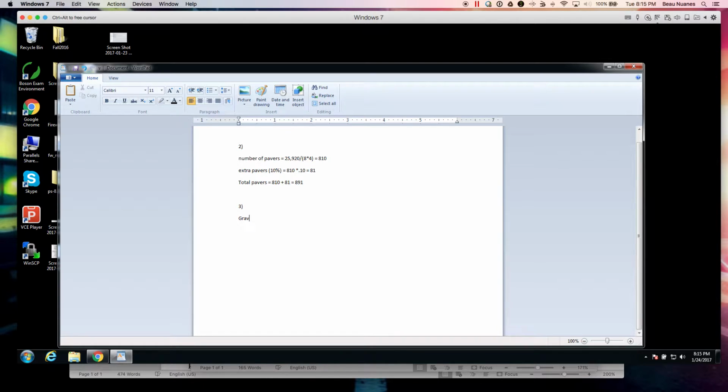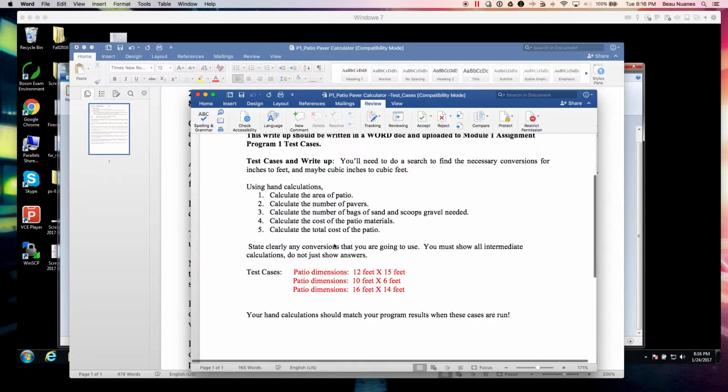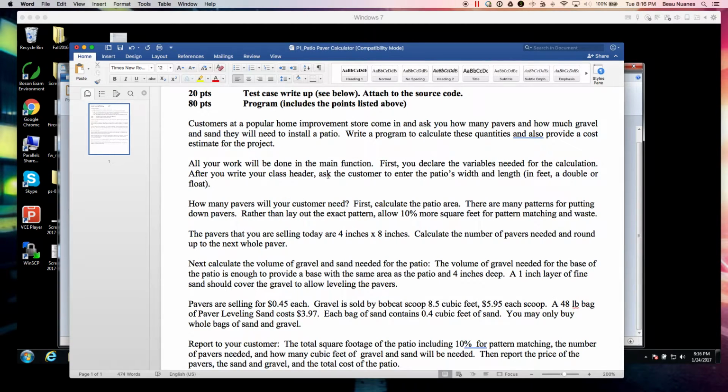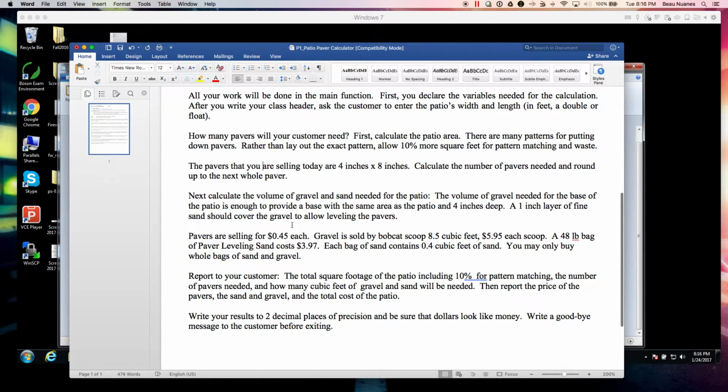First we're going to find our gravel volume. The gravel volume is going to be the area, which is 25,920 times 4. That comes from this line right here: the volume of gravel needed for the base is enough to provide a base the same area and 4 inches deep.